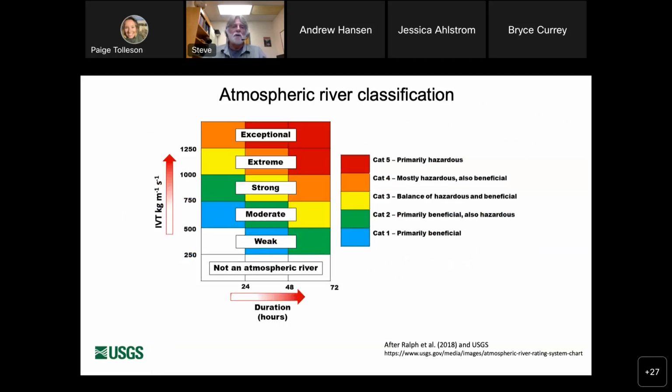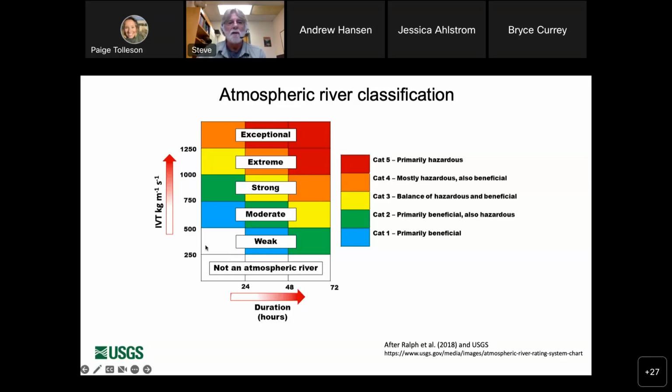So atmospheric rivers, there's been a lot of research done on them, obviously, because they're big players, especially on the West Coast. California and Oregon, the Pacific Northwest and California, are quite heavily influenced by atmospheric rivers. To give you an idea, there's a scale that was put together by Marty Ralph and colleagues in trying to classify these.